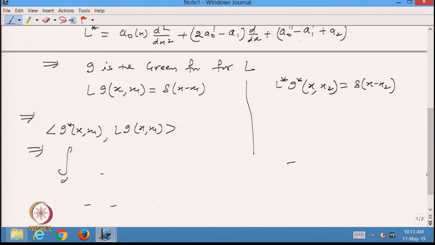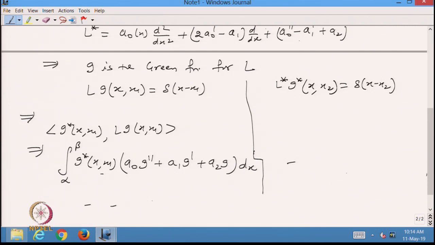So, the integral from alpha to beta of G star times my differential operator applied to G, that is A naught G double dash plus A1 G dash plus A2 G, with respect to x.